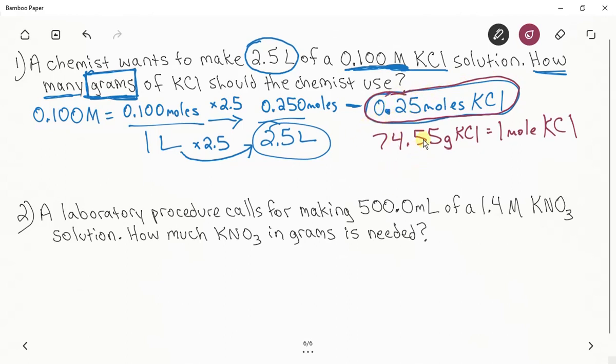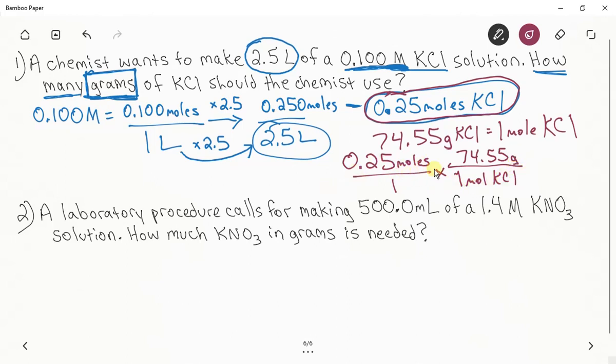So if 1 mole is 74.55, we're going to take our 0.25 moles that we have and we'll put it over 1, and then we're going to take 1 mole of KCl equals 74.55 grams.